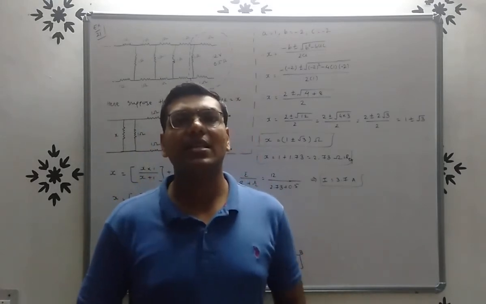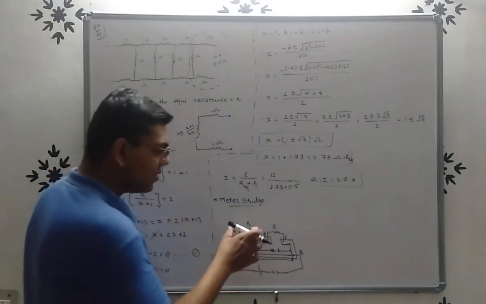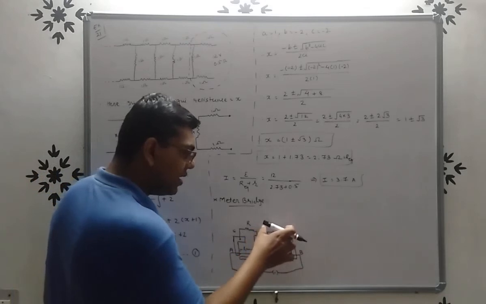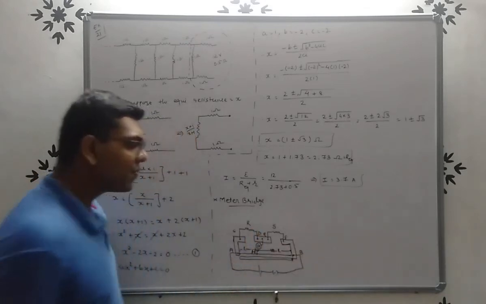We already discussed Wheatstone bridge having 4 resistors. So here the first resistor is CD, second one EF, third one AH, and fourth one HB, right?